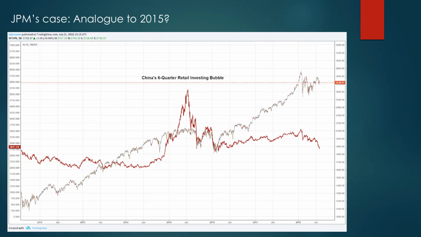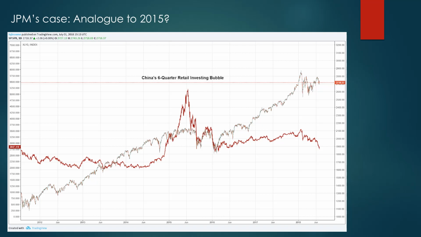So JP Morgan's analysis desk had an interesting case, and their case was, how analogous is the current downturn in Chinese equities to the situation in 2015?